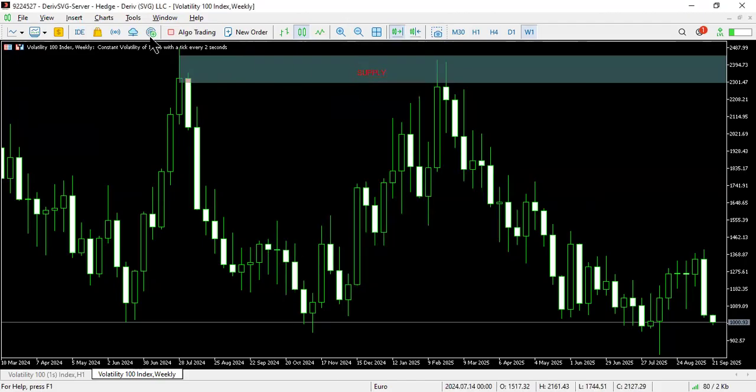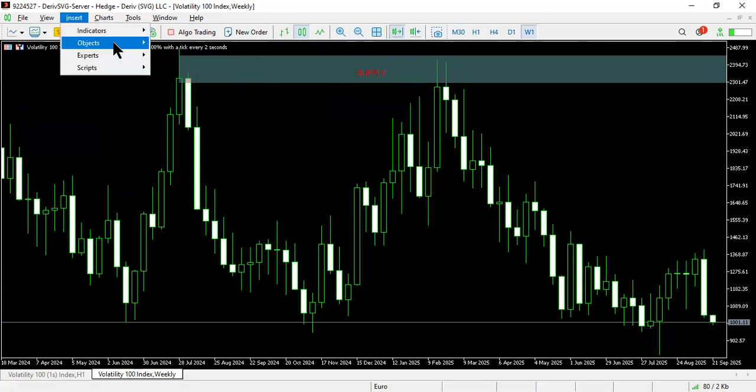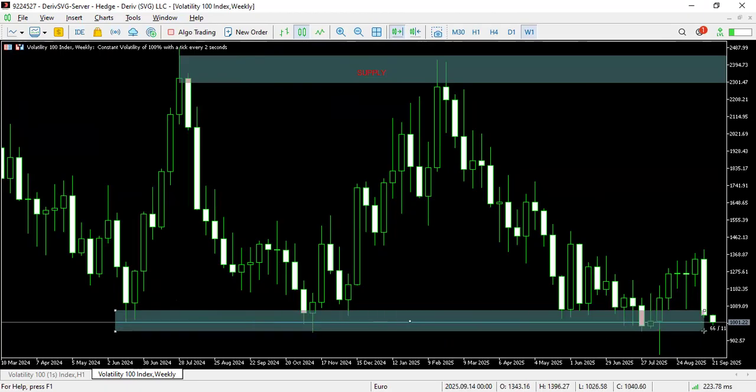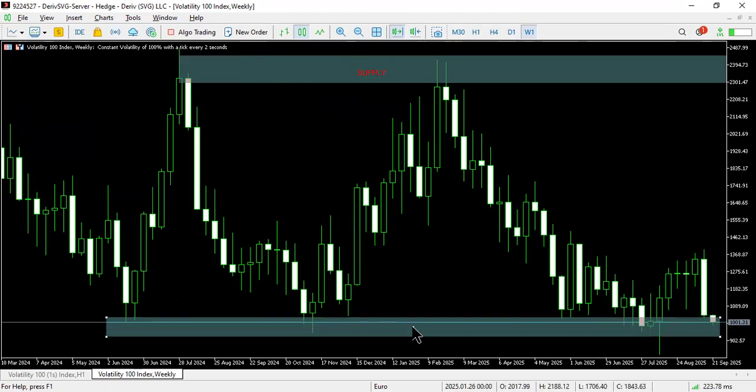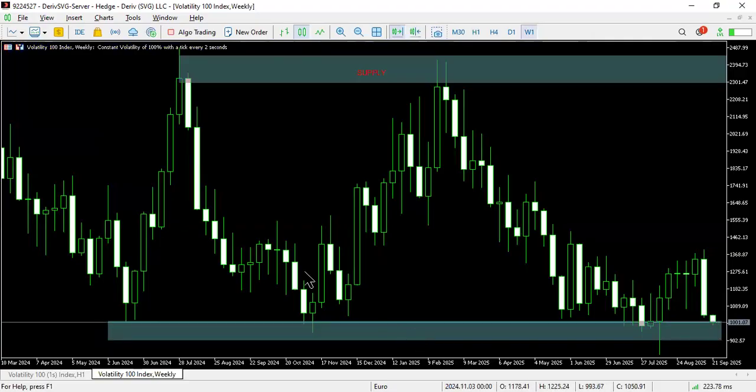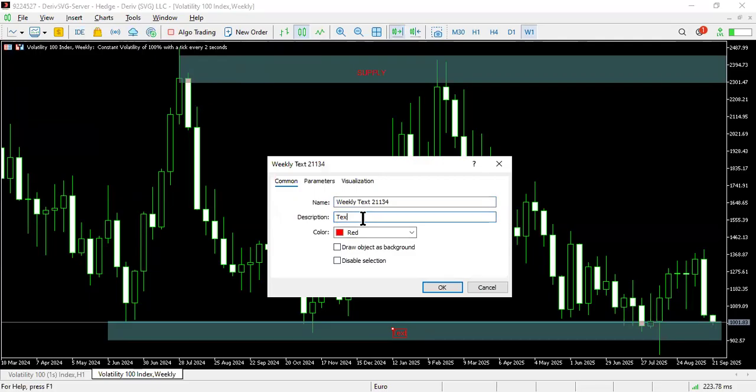That is our supply. And then we have our demand zone down there. That is where we have our demand zone, and it looks like price is currently reacting at that demand zone.